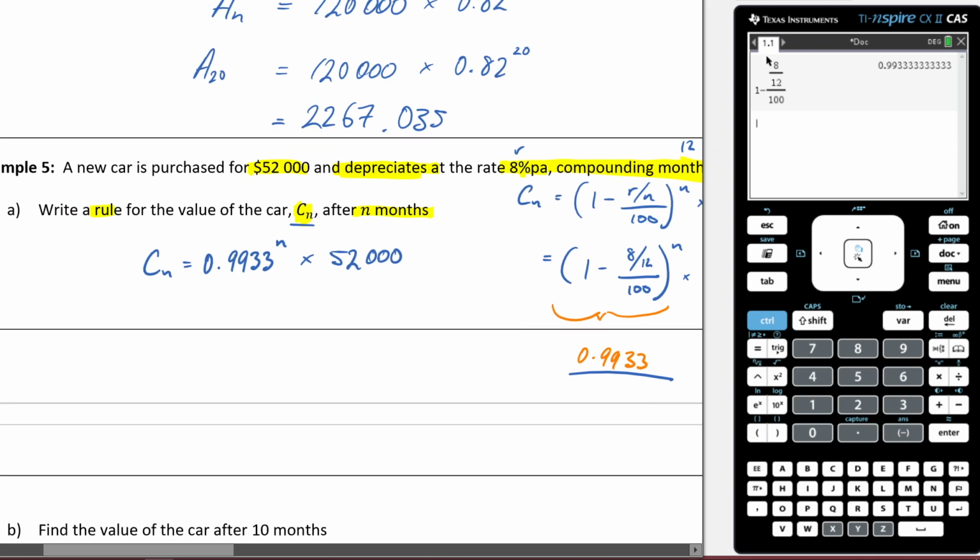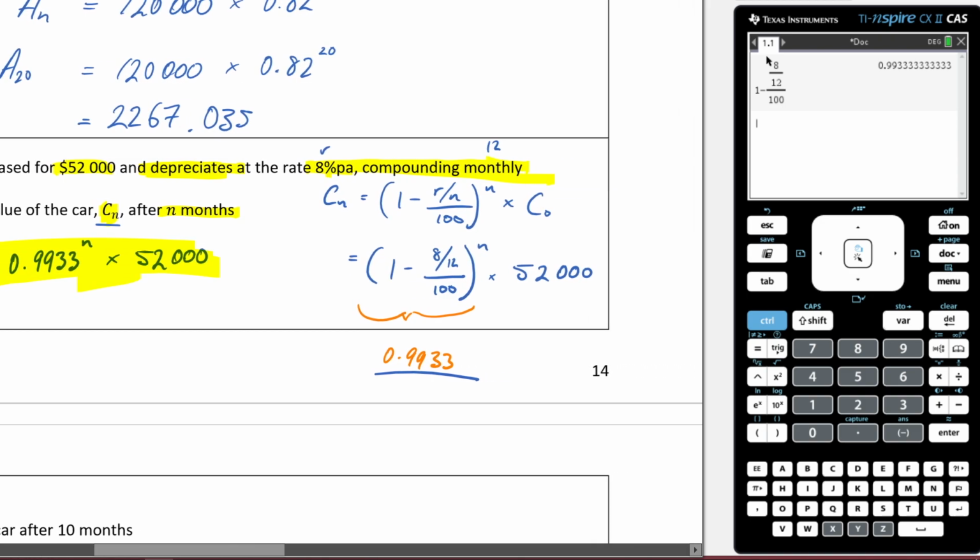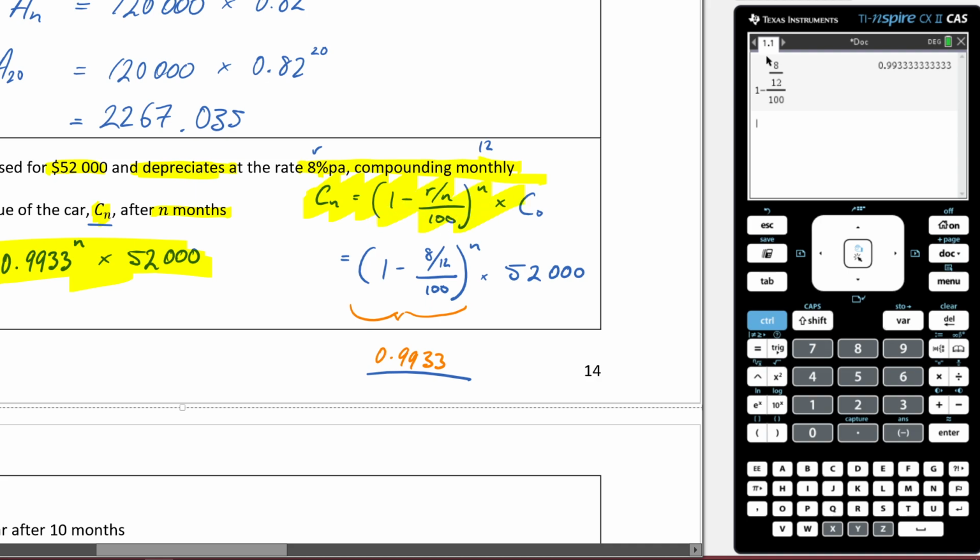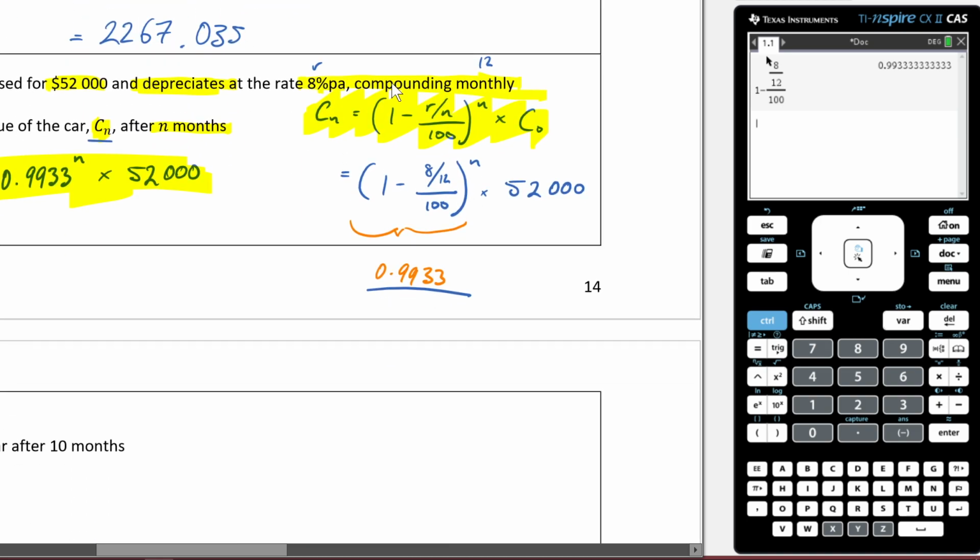That is what my general rule is going to be. And as you can see, I used the information that I was given here. I took the rule that I was given up here, and I simply plugged in what I knew for the r and the n and all of that. So that's what it is.